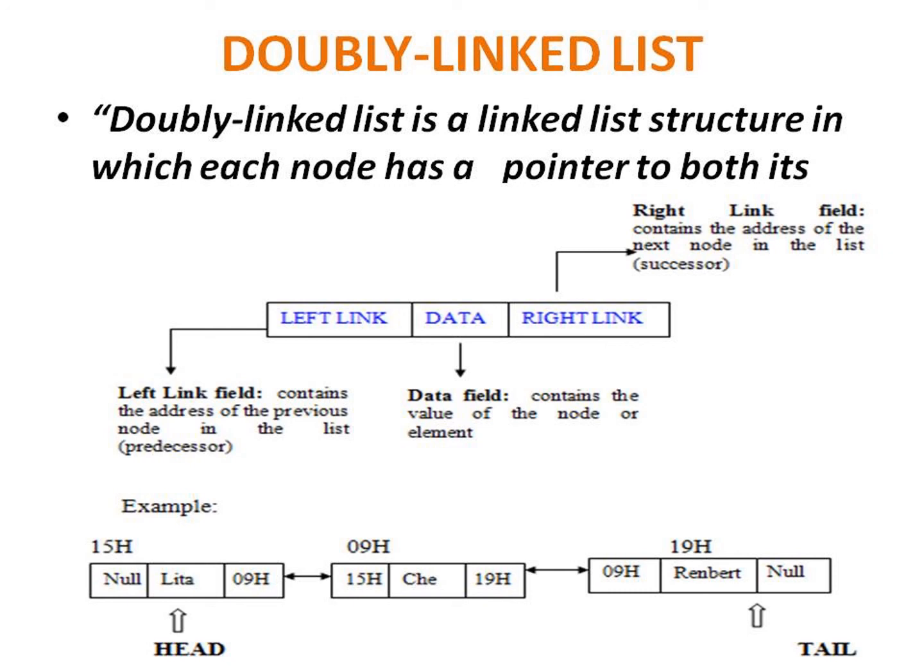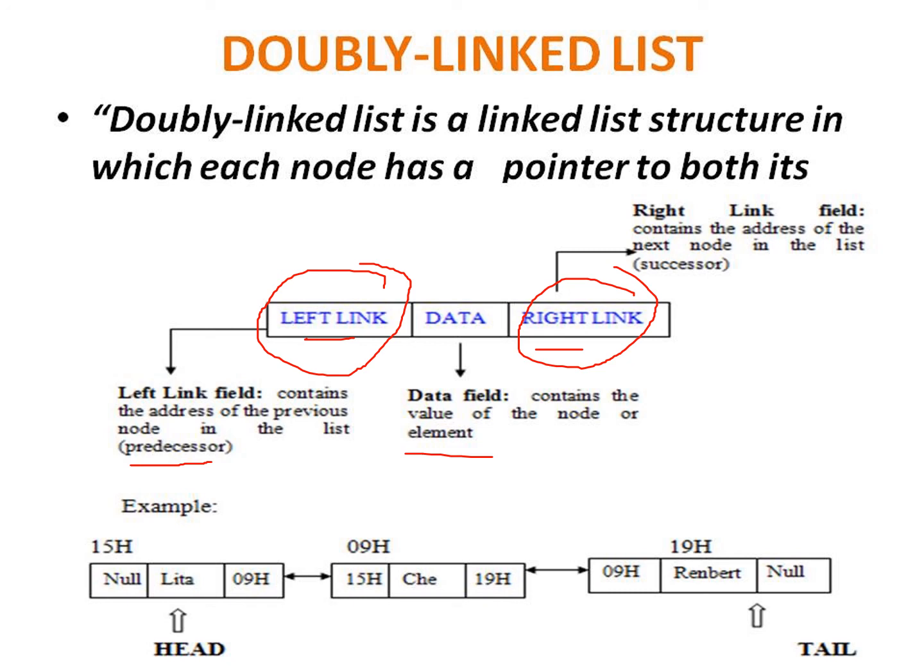Okay, so as you have noticed, we have here two link fields. Okay, one at the left and one at the right. So the left link field points to the address of its predecessor, while the right link field points to the address of the successor.